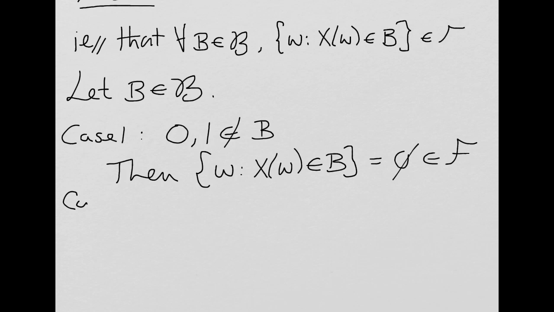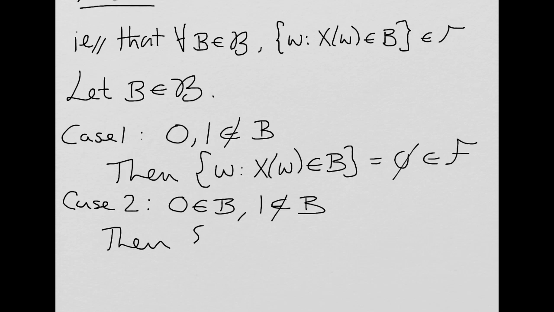So case 2 is perhaps that 0 is an element of B, and 1 is not an element of B. Then the event of interest here, all those outcomes that are mapped by X into the set B, will be the outcomes that lie in A complement, because they're mapped to 0, which is contained in B. Outcomes in A, which yield the value 1, is not contained in B, so this is A complement.